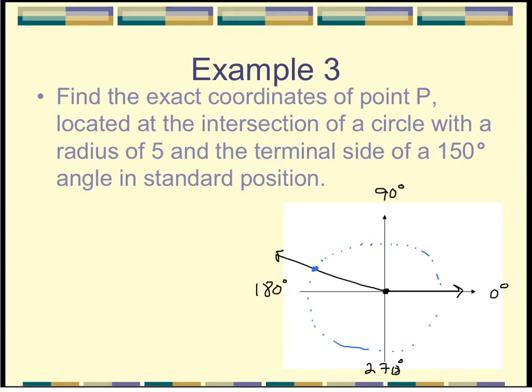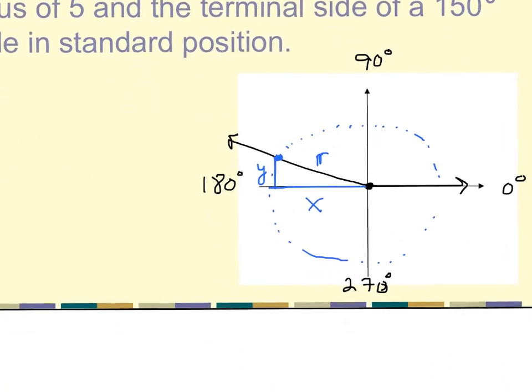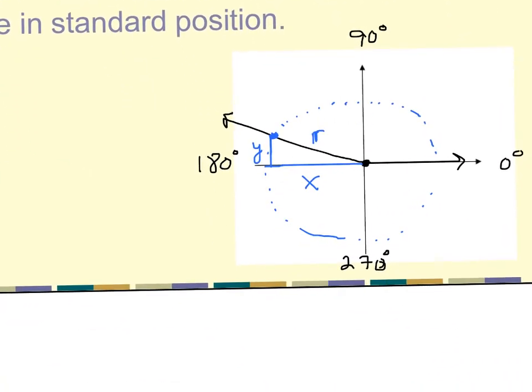In order to find the location of that point, we need our x distance and we need our y distance. And this, which is the hypotenuse of the triangle, is also the radius of the circle. So we have a 150 degree rotation.